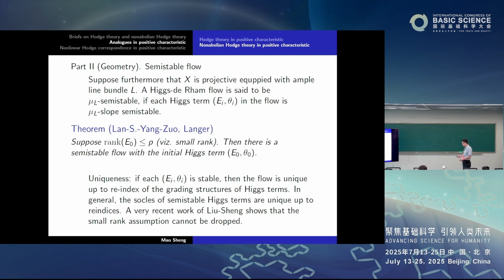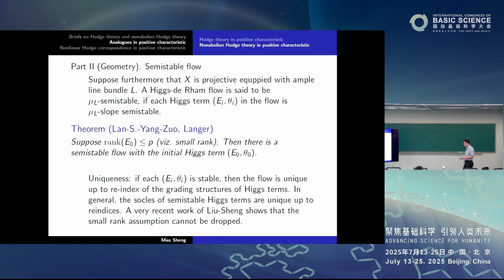So here is a recent work, my joint work with my student Bowen Liu. We show that for any rank which is big, that means strictly greater than p, so it is p plus 1, the first example is p equal 2 and the rank is 3, you will get an example which is semi-stable but not leading any semi-stable flow.